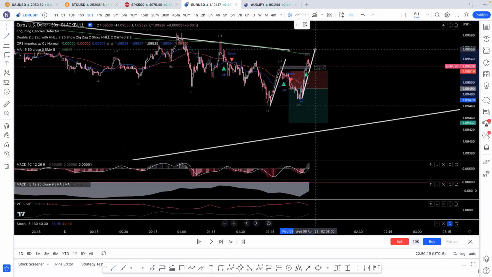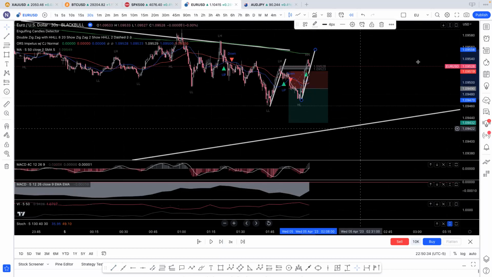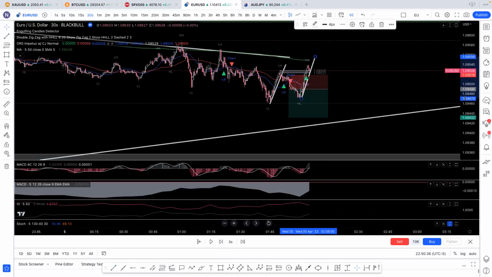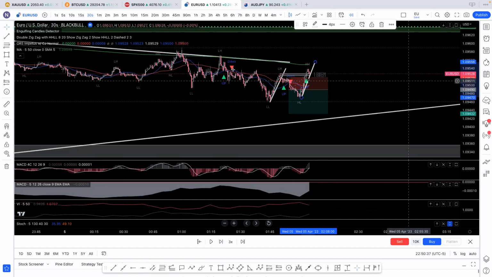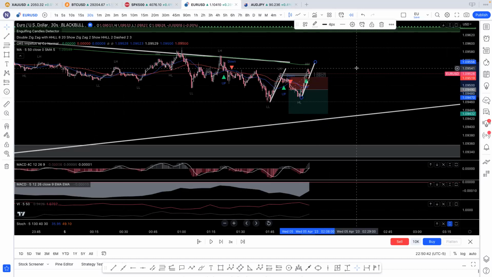So let's track this. Got the break here. I've got some divergence, so the momentum is beginning to lessen. My vortex is still separated. So I just need to be cautious.